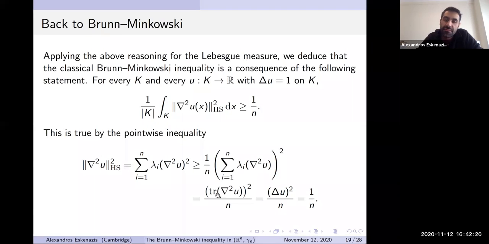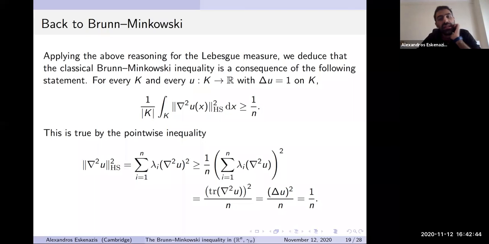But the sum of the eigenvalues is just the trace of the Hessian, and the trace of the Hessian is just the Laplacian. And we just assume that the Laplacian is equal to 1. So in fact, in this case, the measure does not play any role. It's not about the integral, it's about the integrand being bounded below by 1 over n.